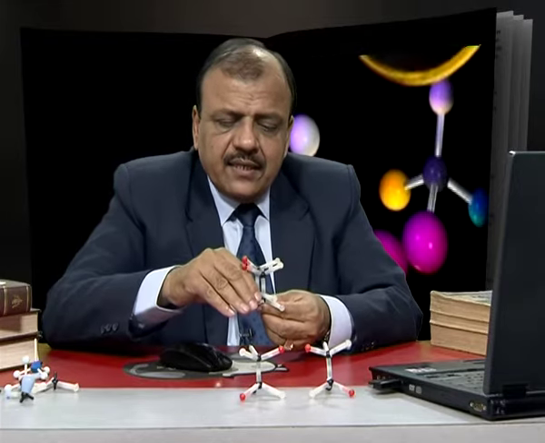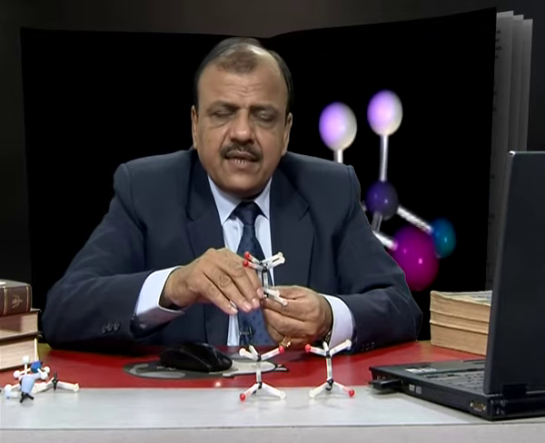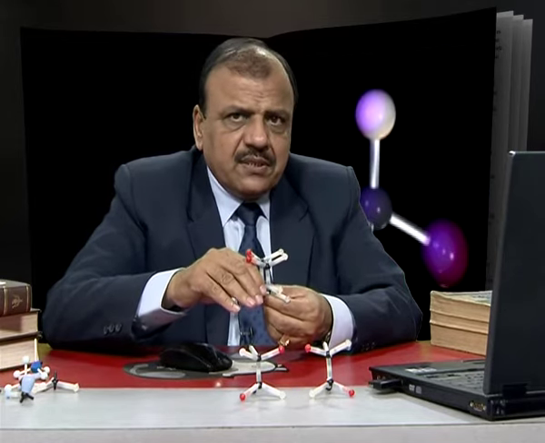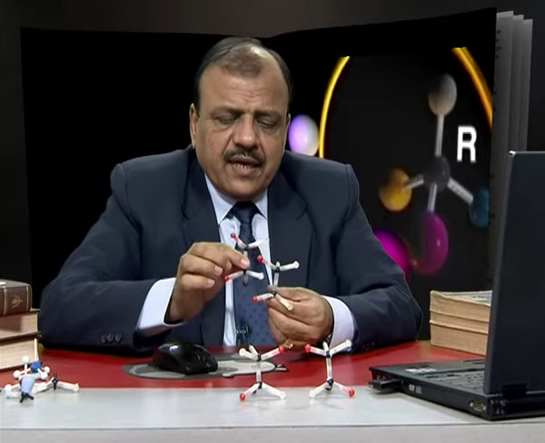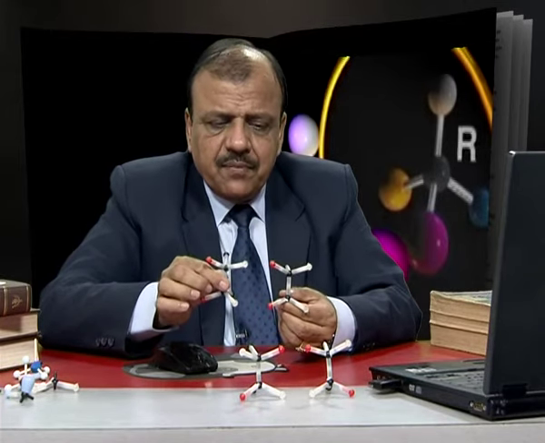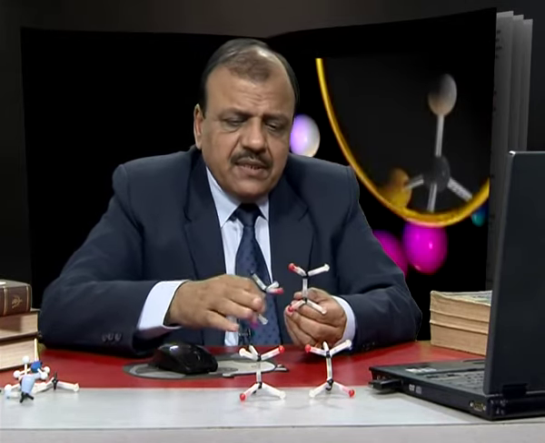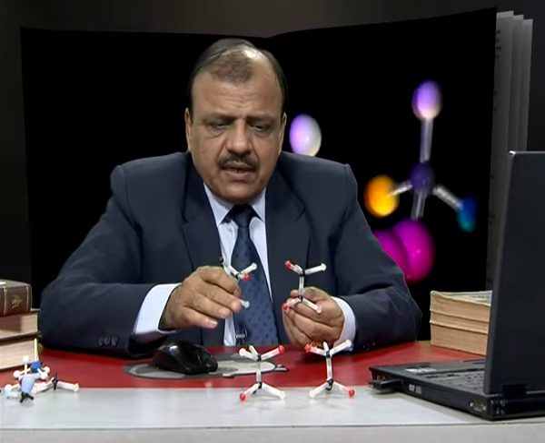So, for tartaric acid, it shows that there are three possible isomers. The two structures which we have written are identical. These two isomers are superimposable over each other and hence they represent the same molecule. So, it means for tartaric acid, three isomers are possible, out of which two represent a pair of enantiomers that we have seen earlier.